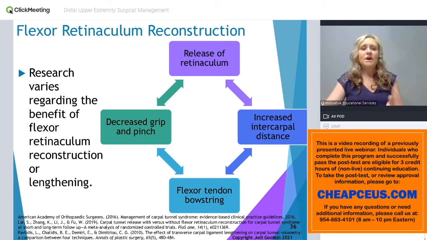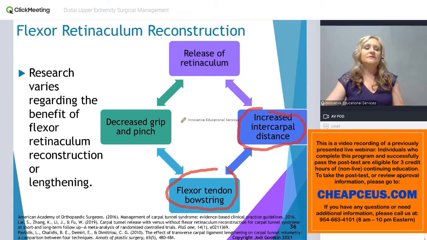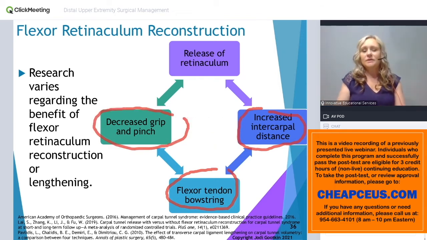The concern over time, and why some physicians may choose to utilize the reconstruction, is that the carpal bones may start to migrate if they don't have the retinaculum to hold them in place. That may lead to bowstringing of the tendons and alter grip and pinch for the patient. When I looked at different studies to see if this was really beneficial compared to other procedures, there was a 2019 review.